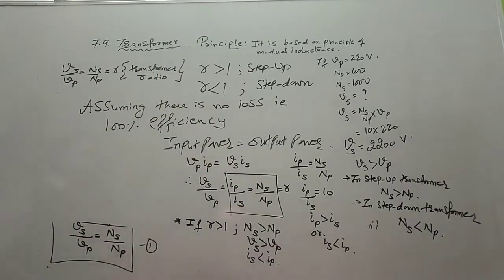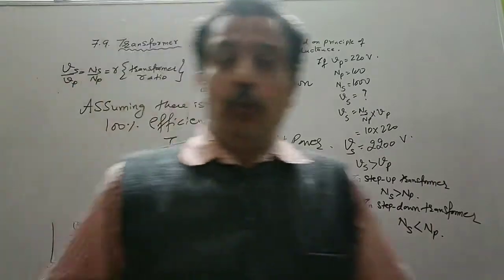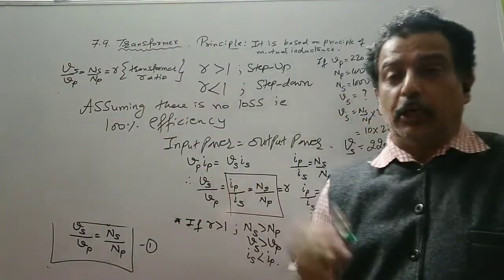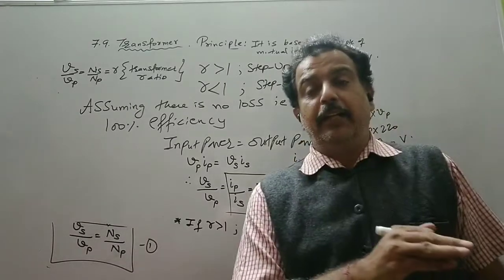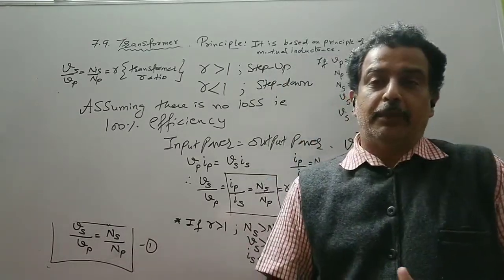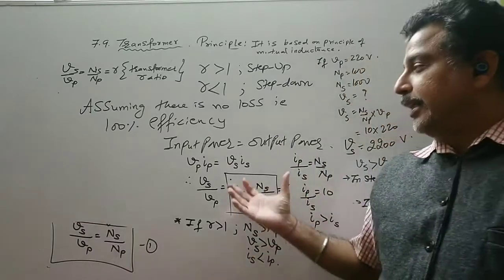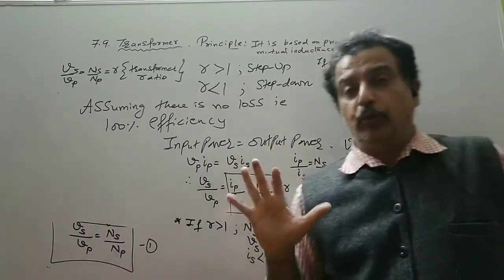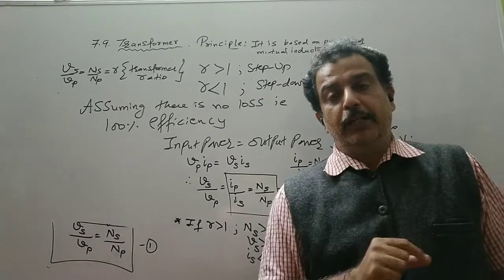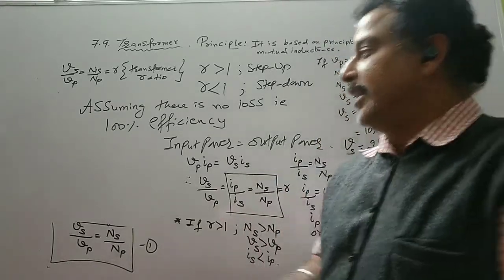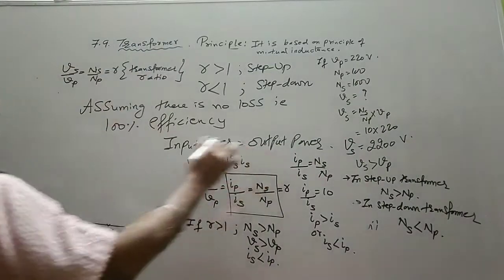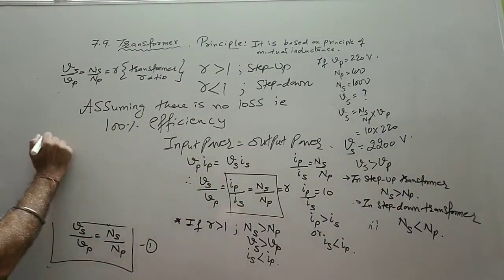So this is how we find out the relation between the input voltage, output voltage, input current, and output current, if it is given that the transformer is ideal. Now an ideal transformer can be step up or step down. In both cases, input power is equal to output power. However, if the transformer is not an ideal transformer, then the output power is always less than the input power.